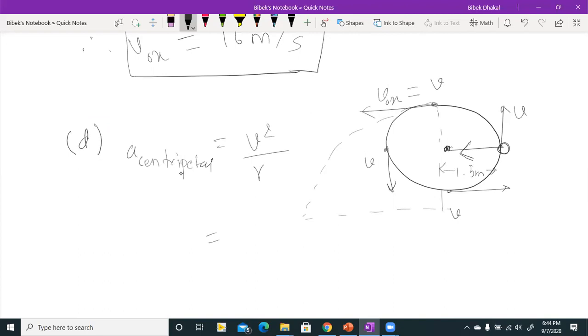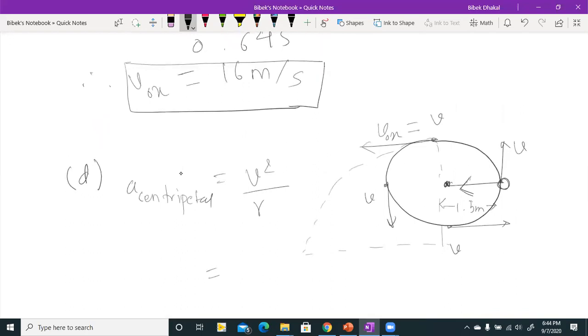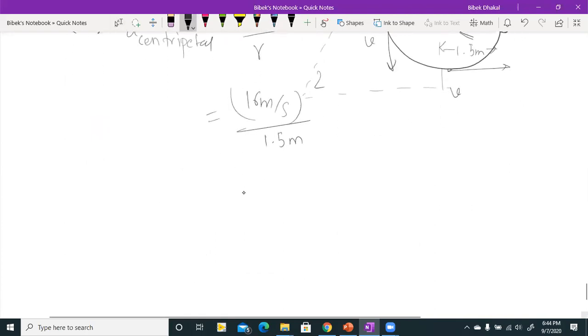So the velocity by which the person was rotating the stone was the x component of the velocity that we found here. So that's 16 meters per second squared, divided by 1.5 meters. This gives you 170.6 meters per second squared. So it's pretty high, about 17 times g. It's a very, very huge acceleration.